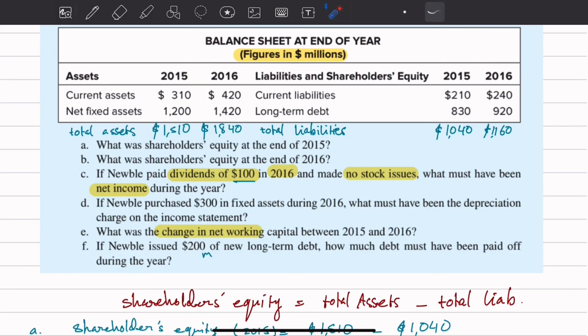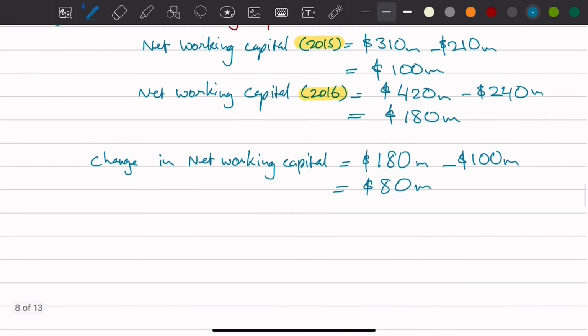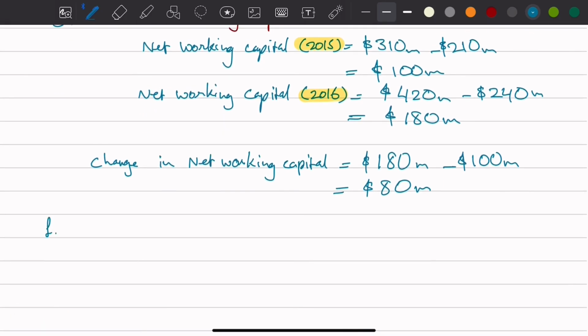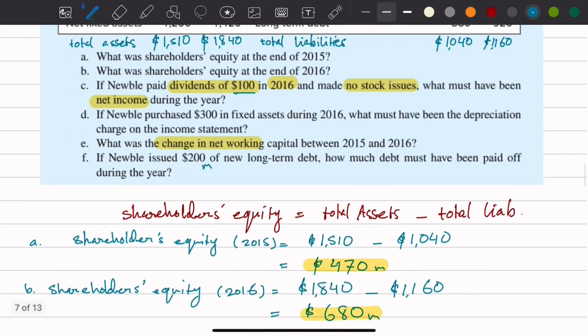Now, how do we calculate how much they have paid off? You can work it out in multiple ways, but the way I'm going to do it, I'm going to add the 200 million to the 830 million, and then I'm going to subtract the 920 million. So let's do it. That's part F. The long-term debt was 830 million.